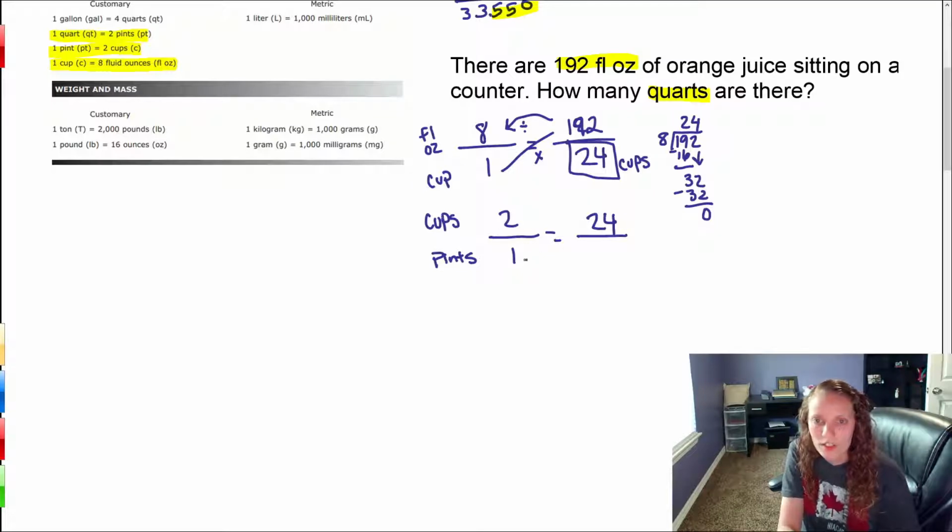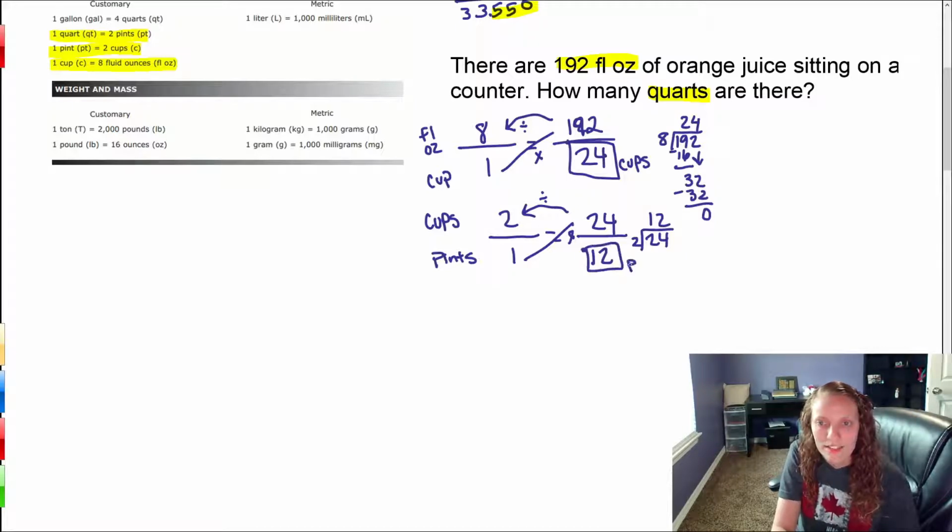Across from cups, crisscross multiply, that is just 24, and then divide that by 2. So 24 divided by 2 is 12. This answer is in pints.